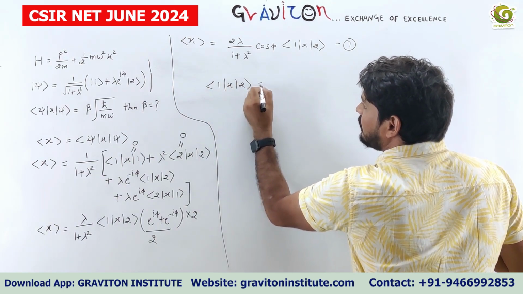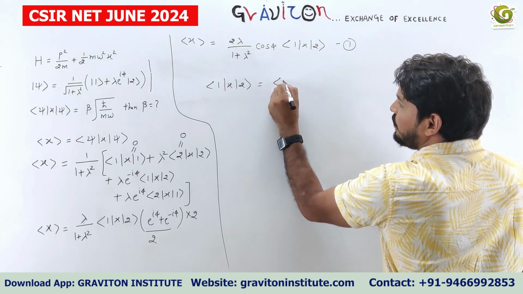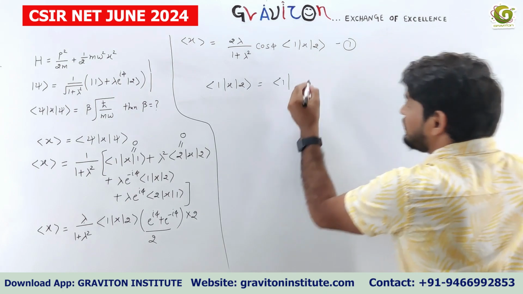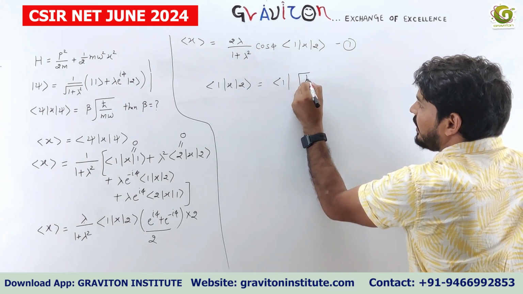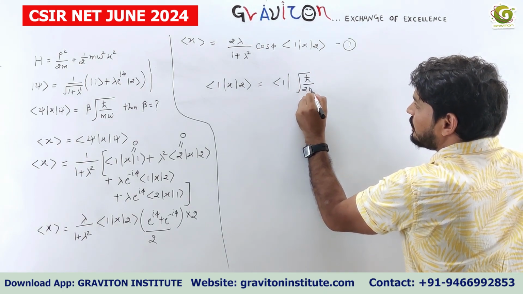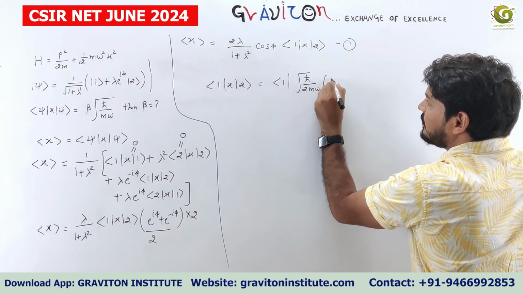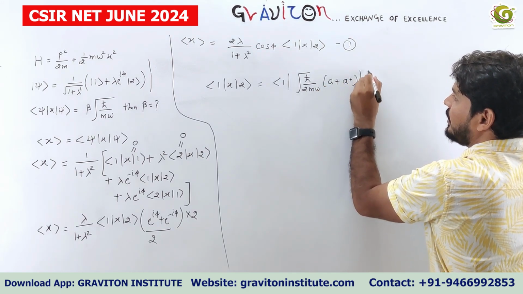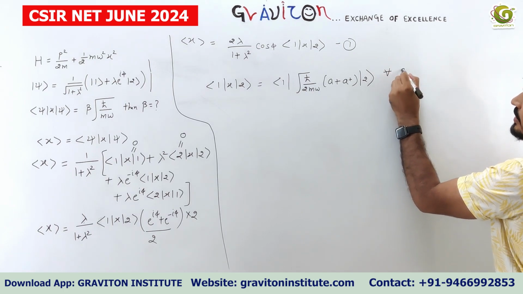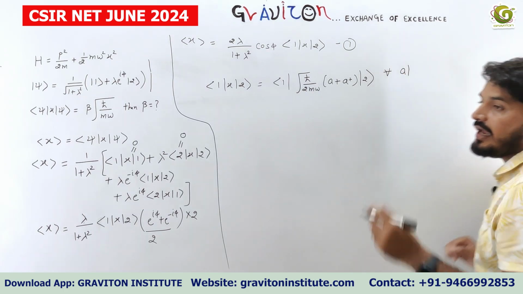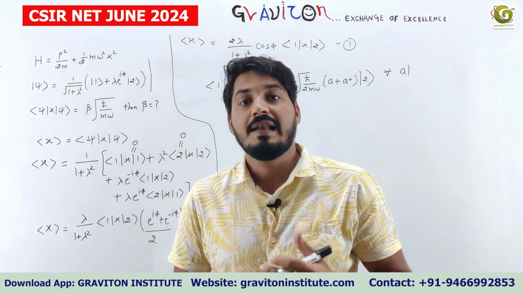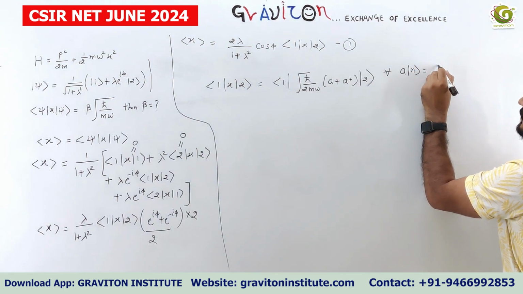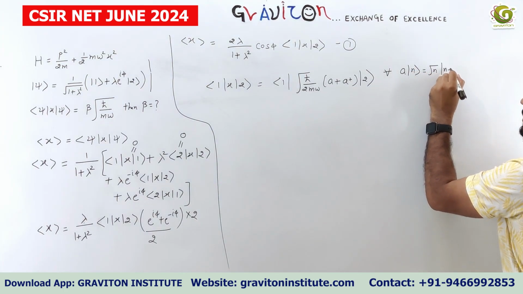1x2. I can write it like this. What is x for the harmonic oscillator? We know this formula. x is nothing but under root h cut over 2m omega times a plus a dagger, where you know a and a dagger both are the ladder operators. If you operate a on any nth state, this will give you under root n times state n minus 1.